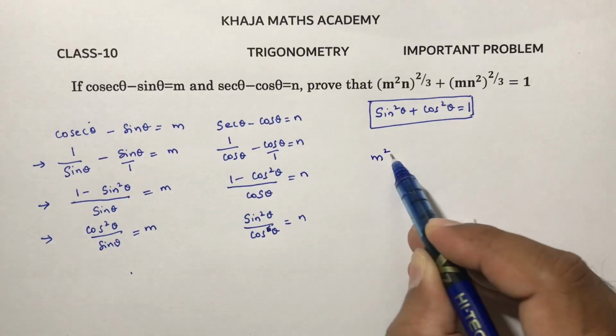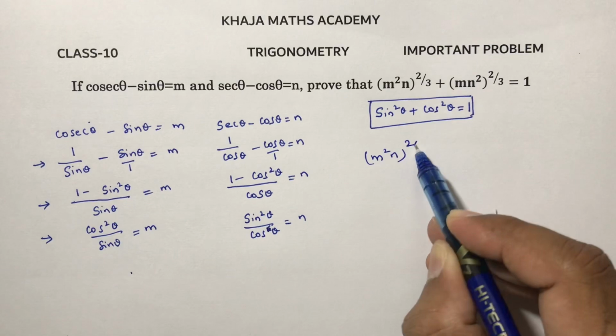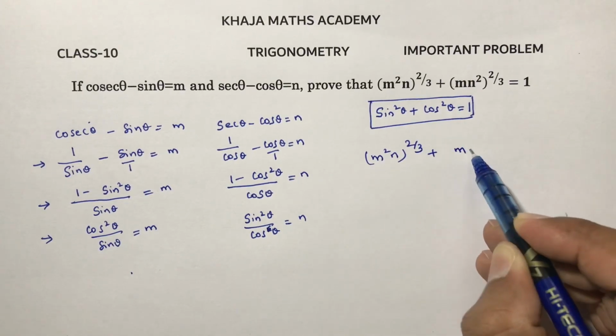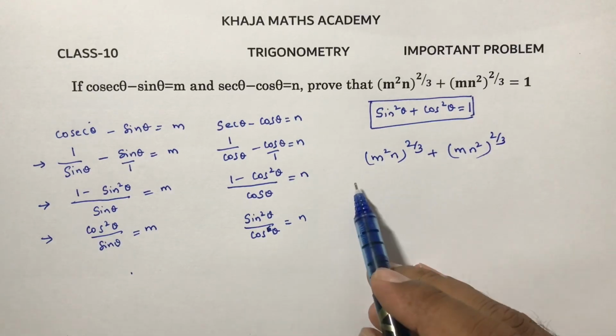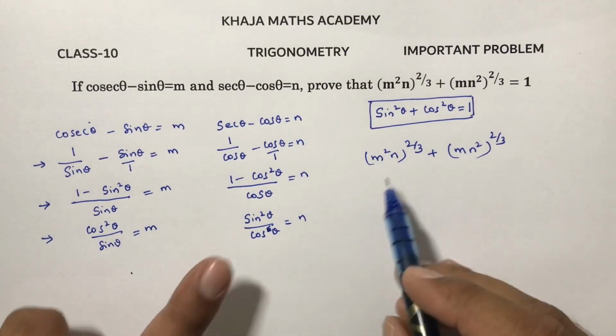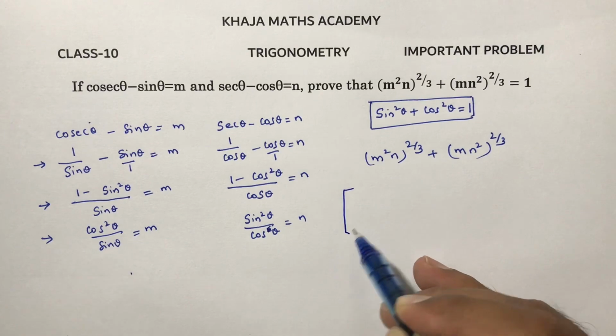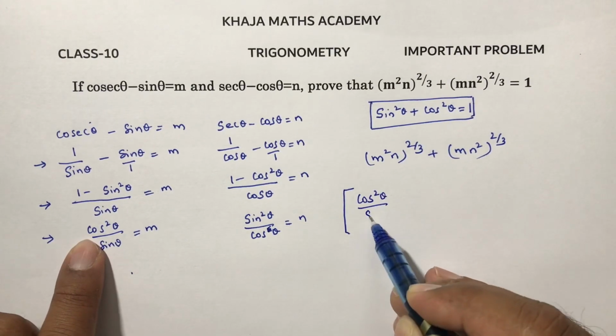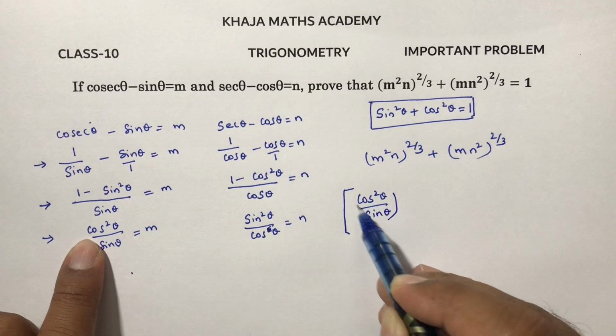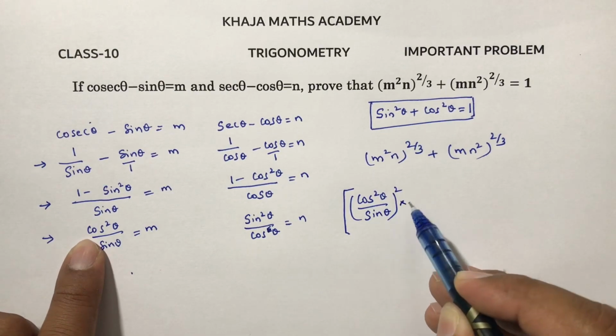Question is m square n whole power 2 by 3 plus m n square whole power 2 by 3. Substitute the values of m and n in this one. So m square, m is nothing but cos square theta by sin theta whole square, into n.